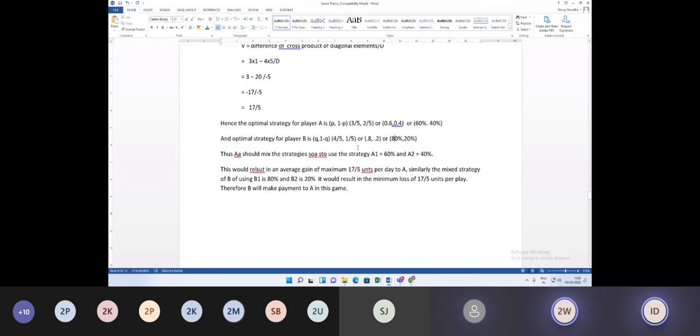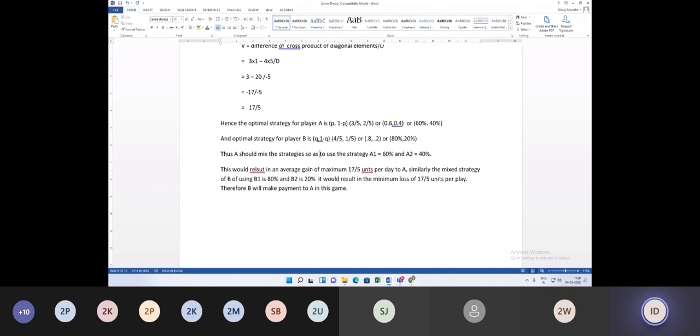Okay. So thus A should mix the strategy so as to use strategy A1 at 60% and A2 at 40%.